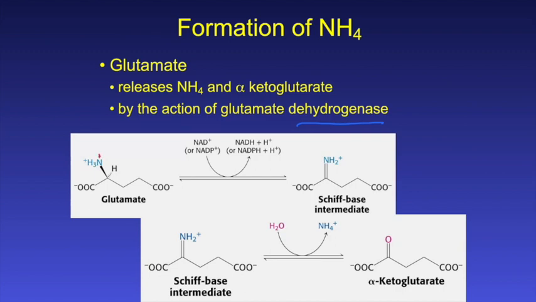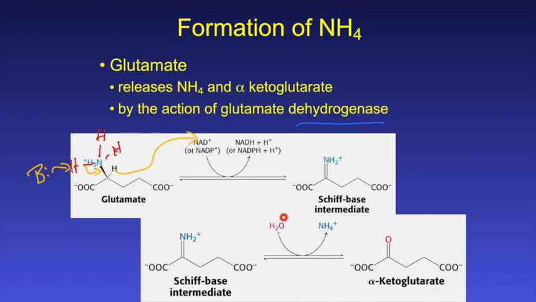And so what we do is we've got 3 protons, and in the end we've got 2. We had 1 here, and we don't have any there. And then accepted by NAD plus, and we get, oh my goodness, another Schiff's base.